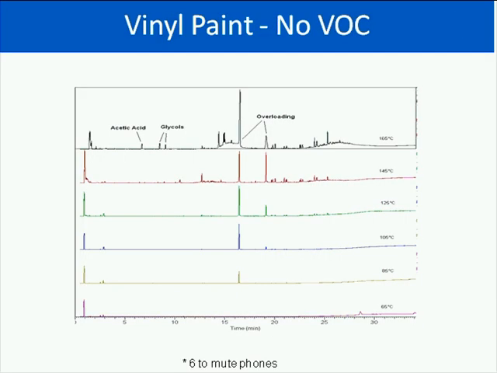First, starting with the no VOC paint, here are the different temperature chromatograms that we see. As you see at 165 degrees, we get some overloading. Two ways you can take care of that is to increase the split or change column size. One thing the higher temperature does do is it helps drive the ethylene glycol and the propylene glycol into the headspace.